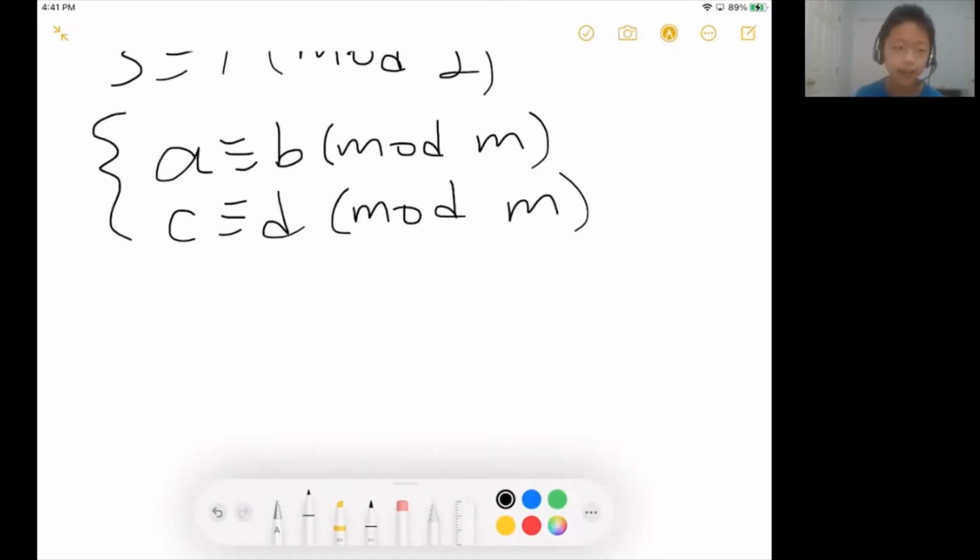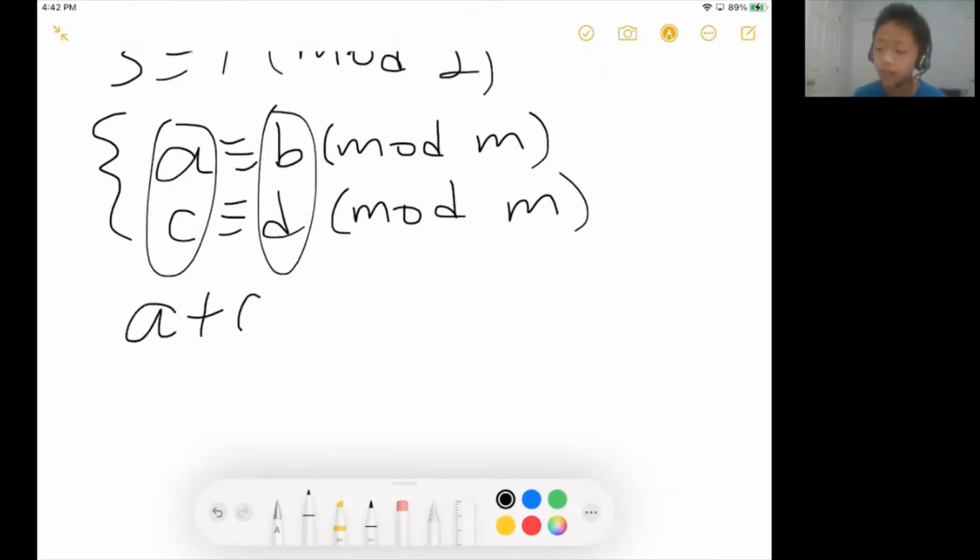It's kind of like a system of equations in algebra, except instead of equations, we have congruences. Again, we can do a lot of the same stuff as in normal algebra. For example, we can add both sides like we normally do with equations. We can say A plus C is congruent to B plus D mod M.